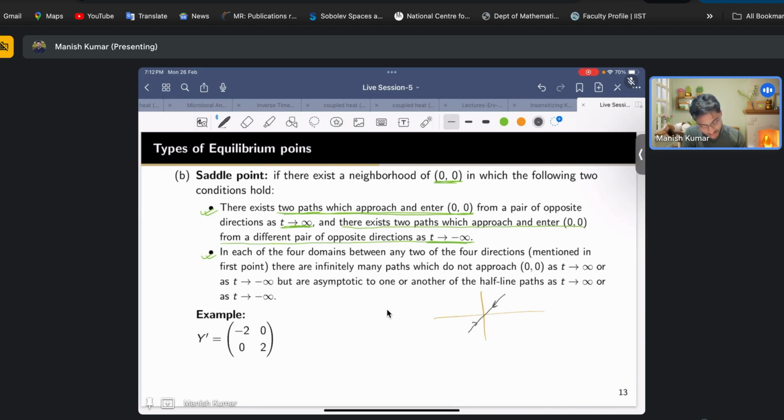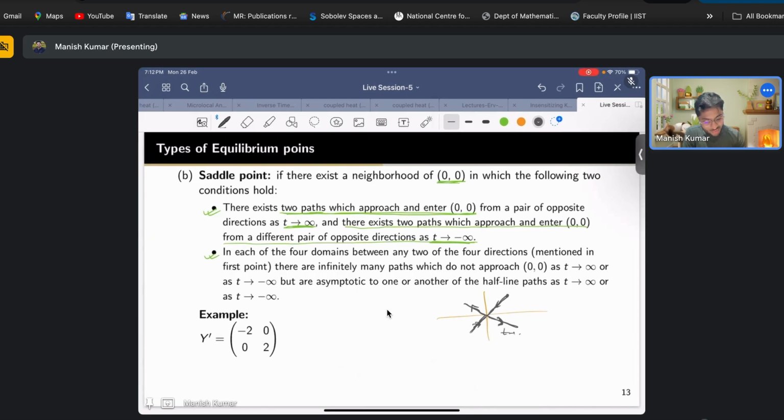If you choose a point from here, there should be one path like this, one path like this, and the other path going away from the origin. When I draw this arrow, it means as t goes to infinity, it should go like this, and as t goes to minus infinity, it should go the other way around.